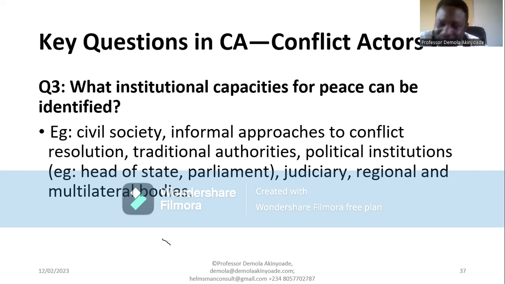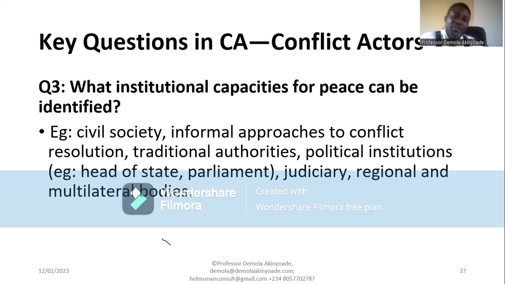Then there are also traditional conflict resolution systems, like community leaders, elders, traditional councils, and the rest. Then security agencies too, like we all know, police, military, paramilitary forces, and the rest. Thank you very much.